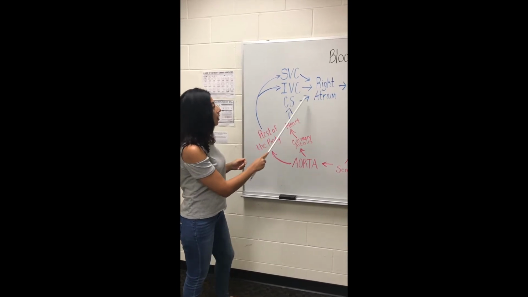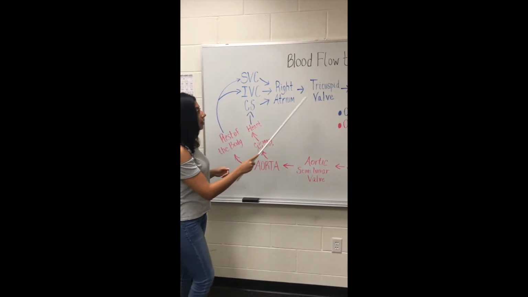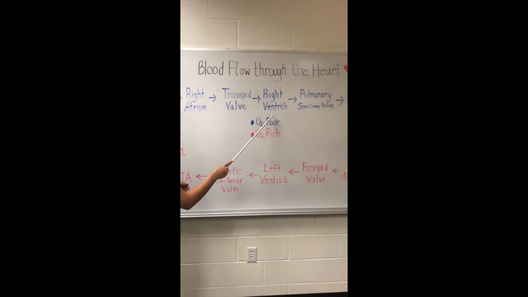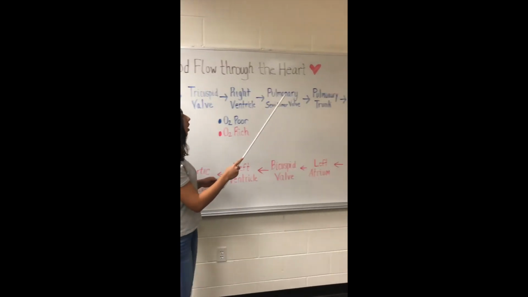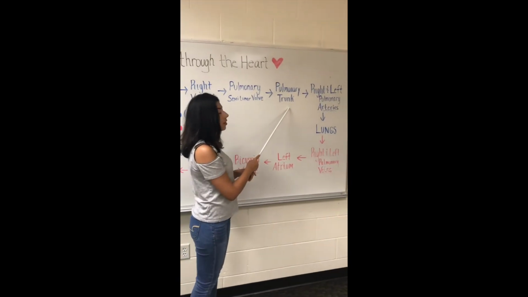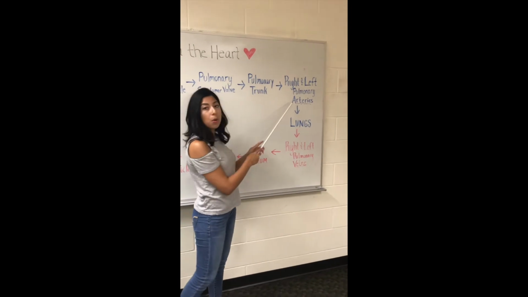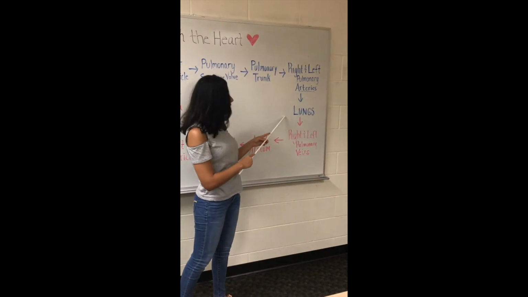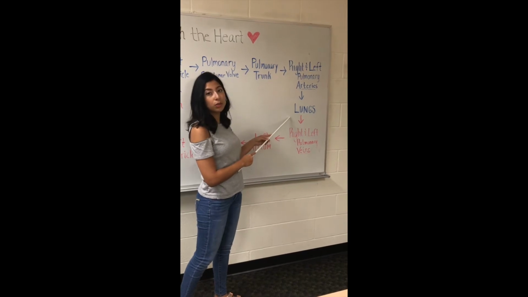All 3 of these lead into your right atrium, and then you go into your tricuspid valve, then your right ventricle, your pulmonary semilunar valve, your pulmonary trunk, your right and left pulmonary arteries, and then you end up in your lungs.